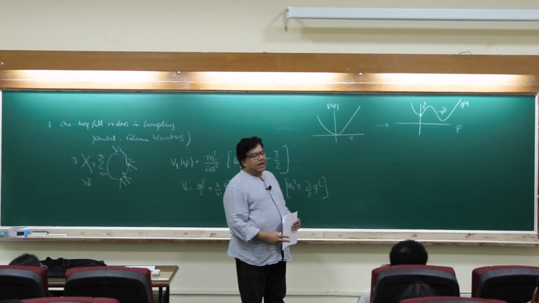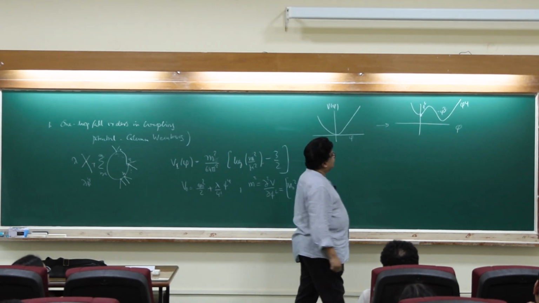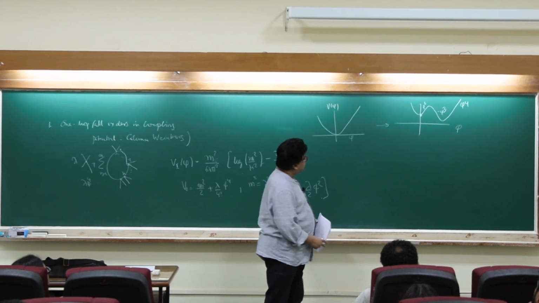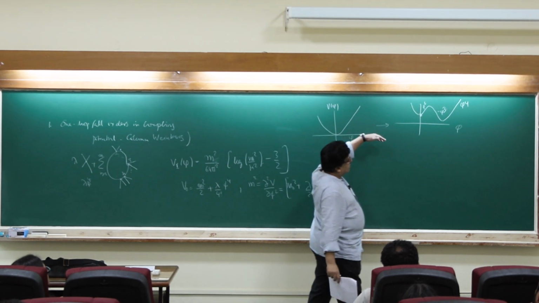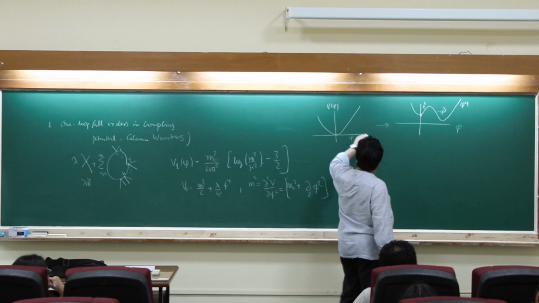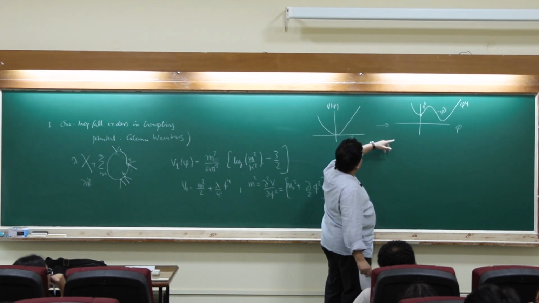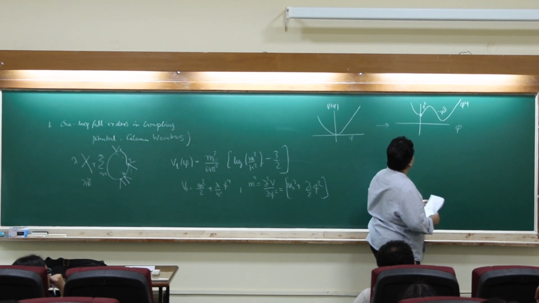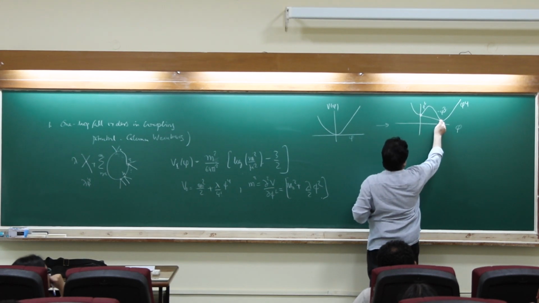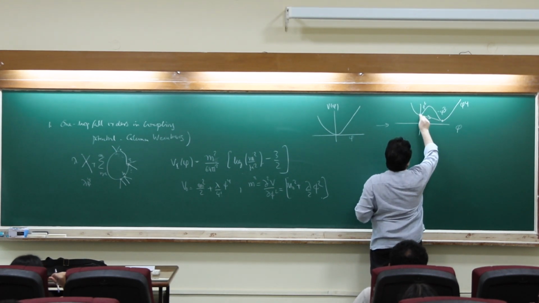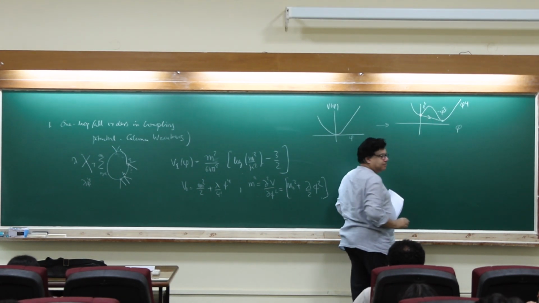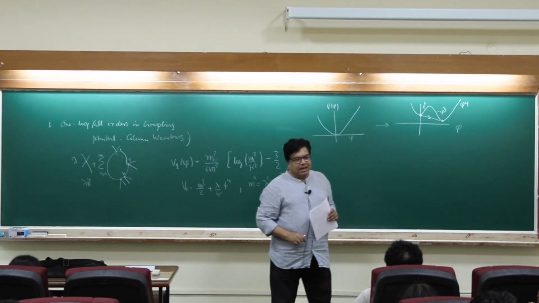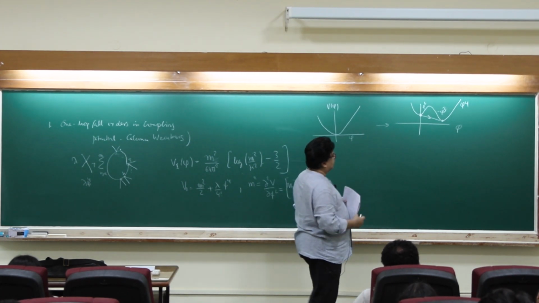And if you have a barrier, then at some point this thing lowers, and there will be a tunneling from this place to that place. If that happens, that's a phase transition.